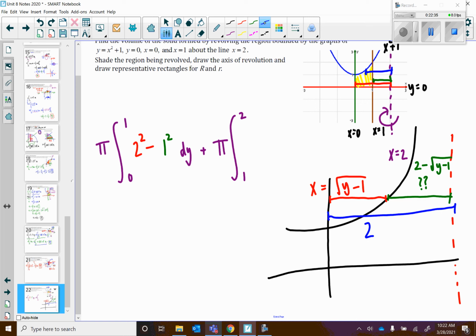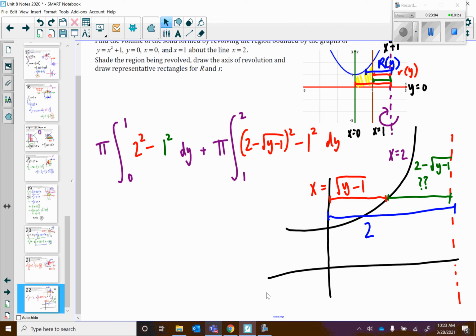That is our big radius here, R of y. Little r of y is just that length of 1. So minus 1 squared dy.